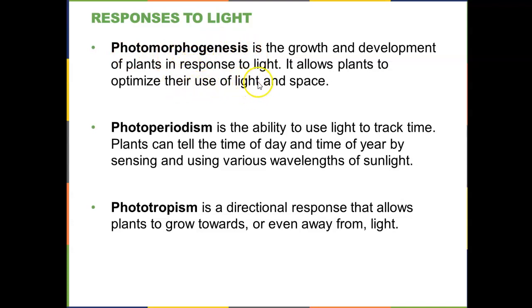So, it puts bigger leaves where there's lots of light, smaller leaves where there's less light, no leaves where there's no light, lots of leaves where there's a lot of light, things like that. Phototropism is the actual act of growing towards or away from light. So the stem crawling along the ground until it hits a patch of light and then growing straight up would be an example of phototropism.